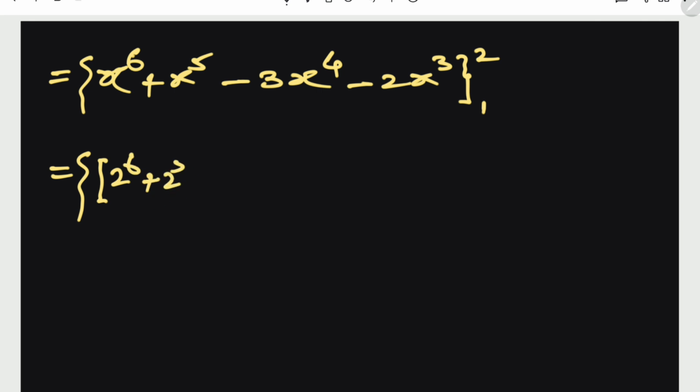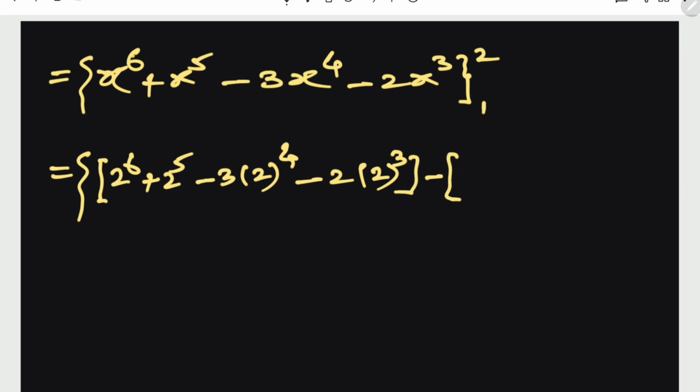When we substitute the upper limit 2 for x, performing by calculator, we get 2 raised to 6 plus 2 raised to 5 minus 3 into 2 raised to 4 and minus 2 times 2 raised to 3, the sum of which is 32 as the value for the upper limit.